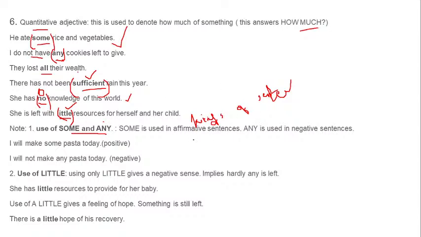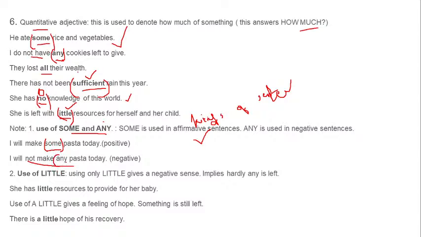Some is used always in positive sentences. Take the example, I will make some pasta today. So the sense is positive. We are not concentrating on the quantity, but just the kind of sentence it is used in. That means some amount of pasta I will make. So it's a positive sense. But in the next sentence, say, I will not make any pasta today.